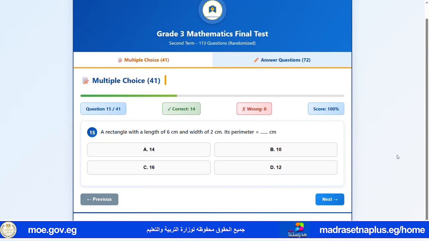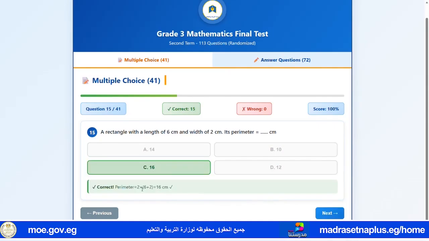The sum of 6 and 2 equals 8. 2 times 8 equals 16 centimeters, or 16 meters, or 16 any unit. This is a famous formula for getting the perimeter of a rectangle. Don't forget it: 2 times length and width.